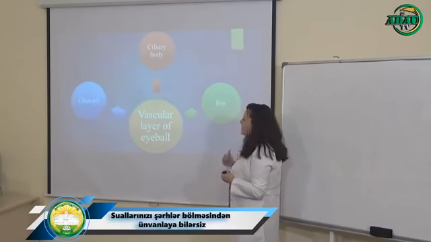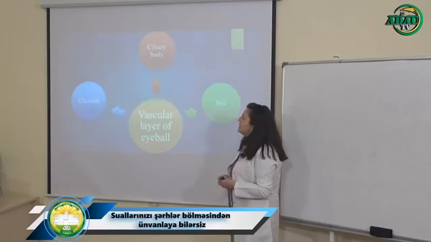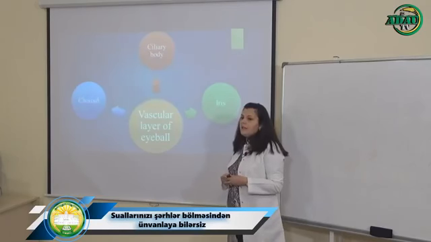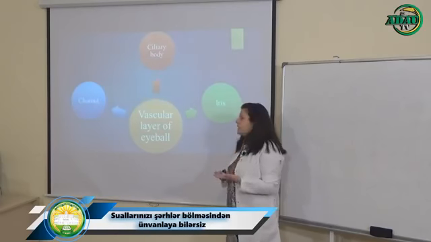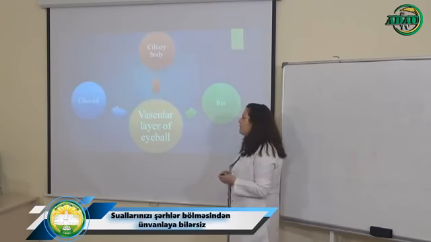Besides, the iris is the organ which regulates the amount of light which enters the eyeball. Ciliary body also produces the aqueous humor, and as I said, this aqueous humor is necessary for the nutrition of the cornea, lens, vitreous body, and all transparent organs of the eyeball.